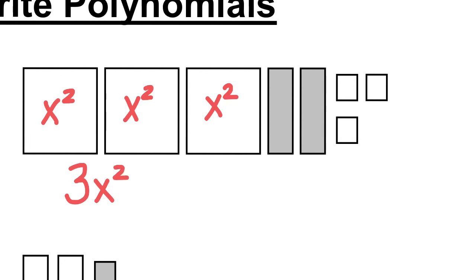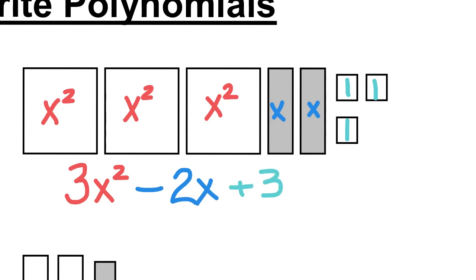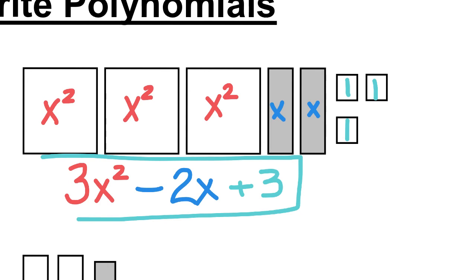The next term is negative. These are x's. And because it's negative, it will be represented by negative 2x because there are 2 of them. And lastly, the units. We have 1, 2, 3 units. So this polynomial would be represented by 3x squared minus 2x plus 3.